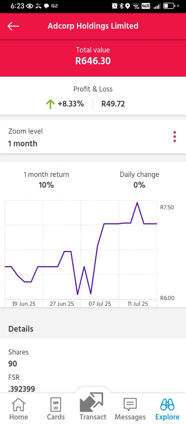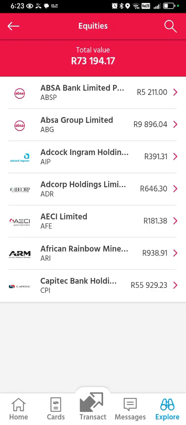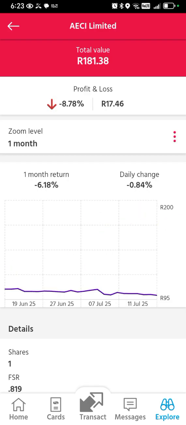Then Adcock also has an 8% increase. It says increase by 8%. So I have 49 rand profit. Let's check here. This one has dropped by 8.78%. So I lost 17 rand from this.